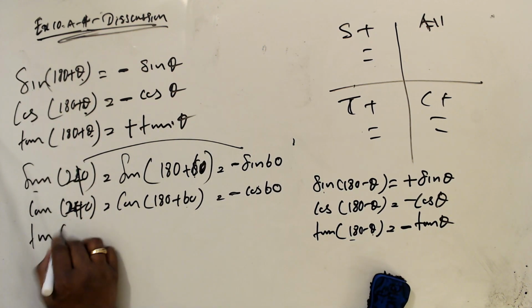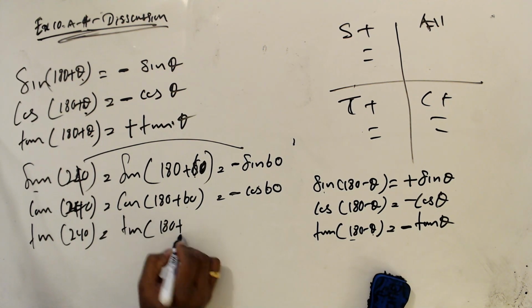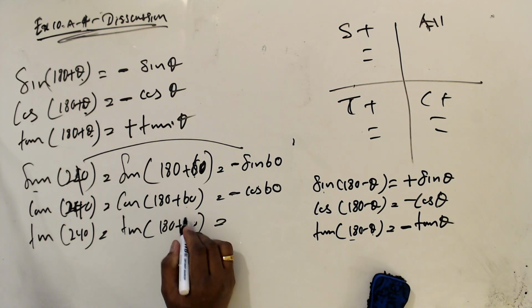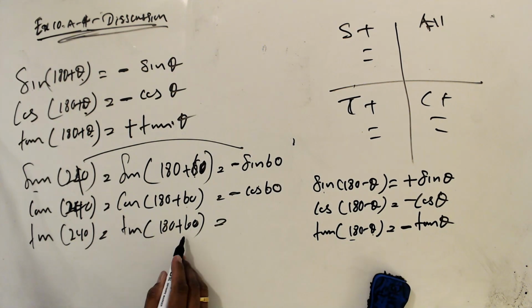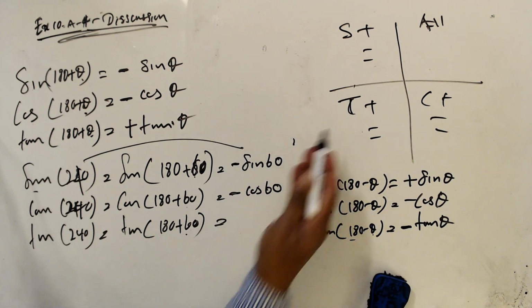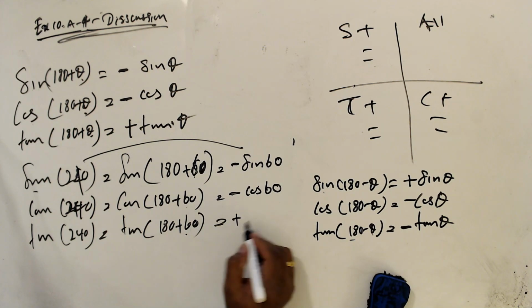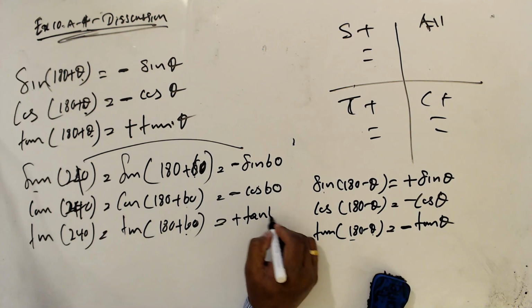And then tan 240. I write tan 180 plus 40. Not 40, it is 60. And then 180 plus 60, which is 240, is in the third quadrant. In the third quadrant, tan ratio is positive. So then this is tan. I write tan as it is with the small angle.